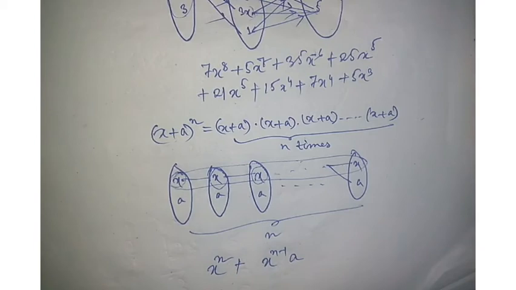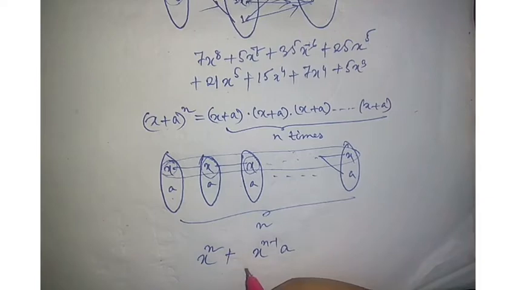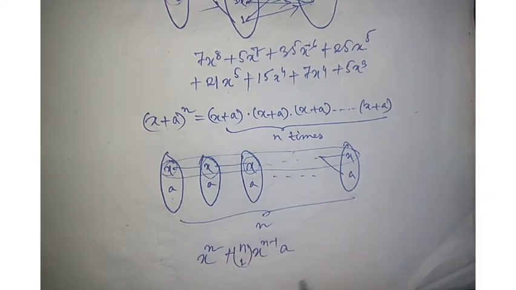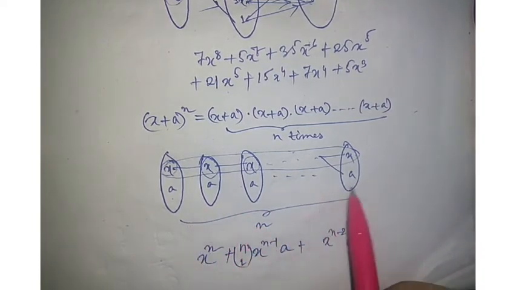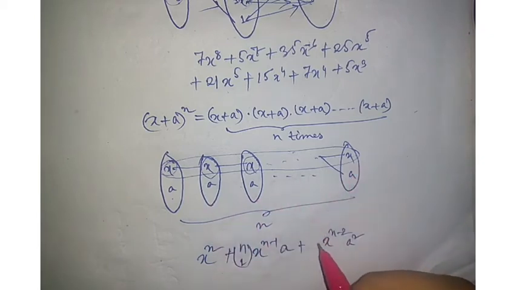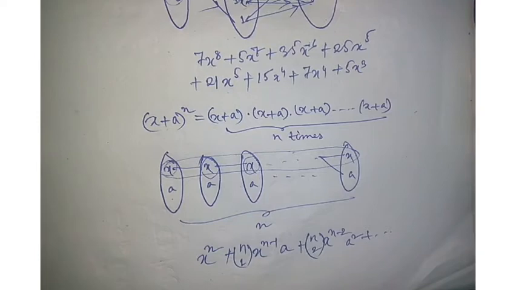Now the problem is that I have to choose one a. In how many ways can I choose one a? There are a total of n alternatives, and from n alternatives I have to choose only one a. So the required coefficient will be nC1. Now if I move further, x to the power n minus 2 into a square, I have to choose 2 a's from the whole. There are a total of n, and I have to choose 2, so nC2, and this way it will continue.